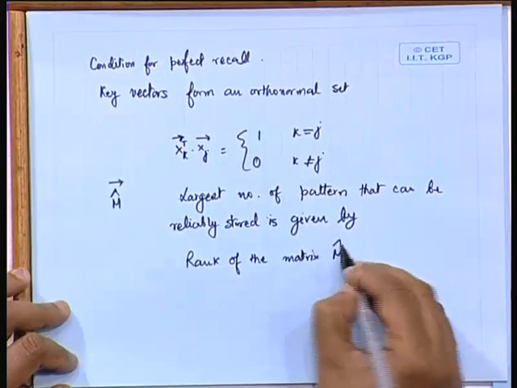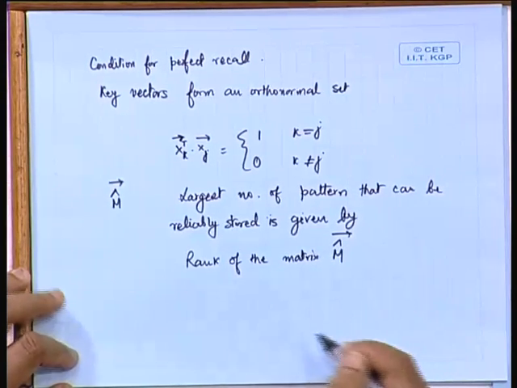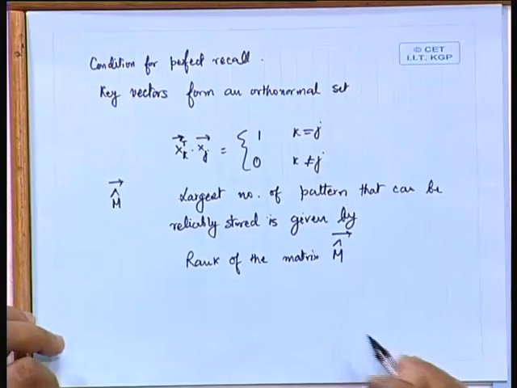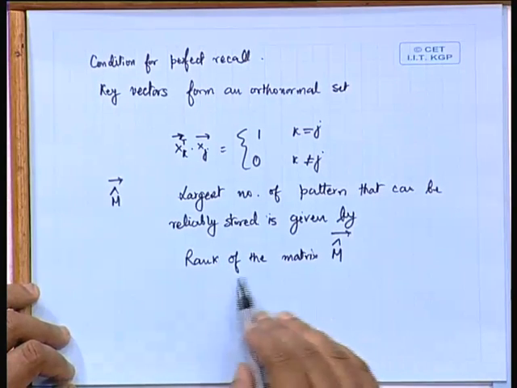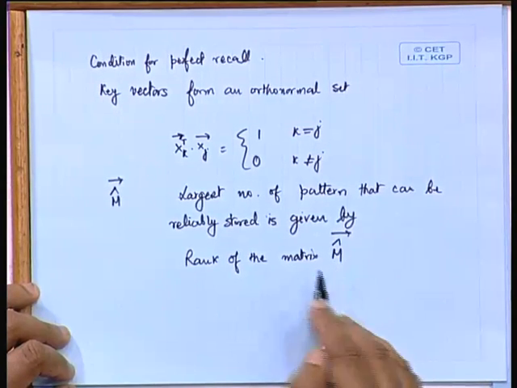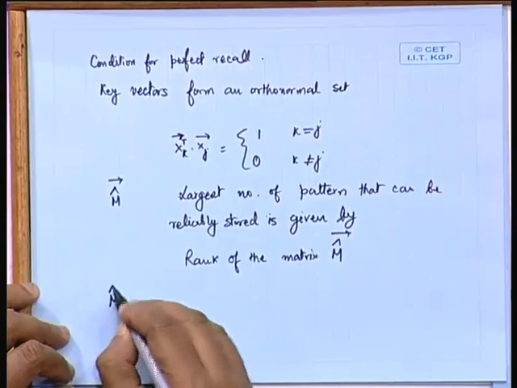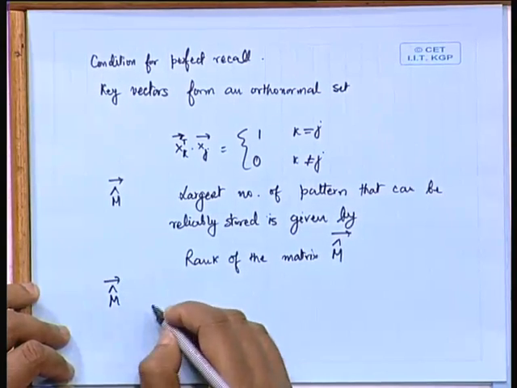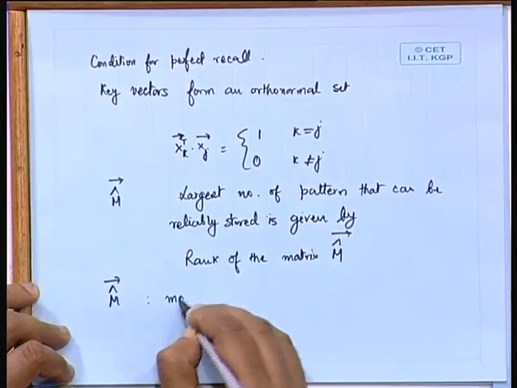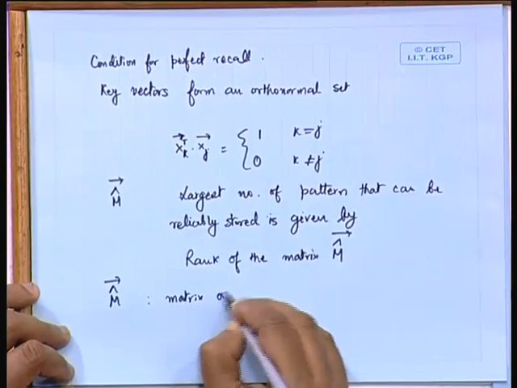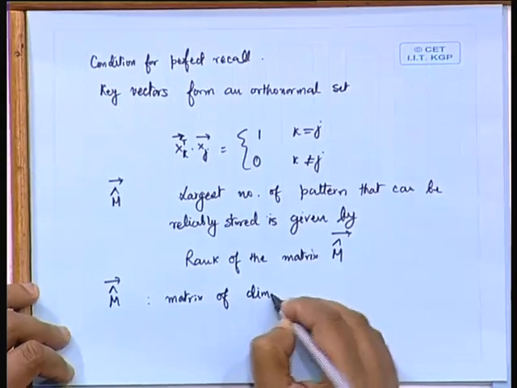It has been shown analytically, and we are not going into the derivation of that. All right. Now, this matrix M is a matrix of dimensions L by M.